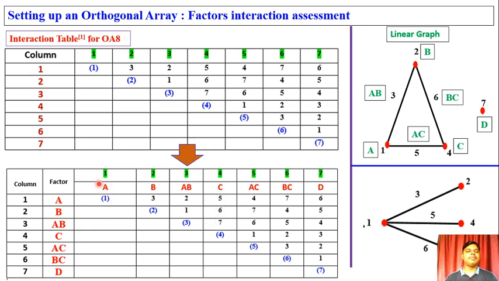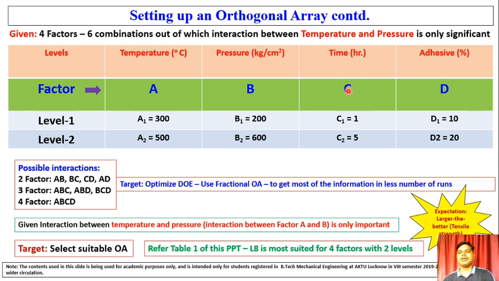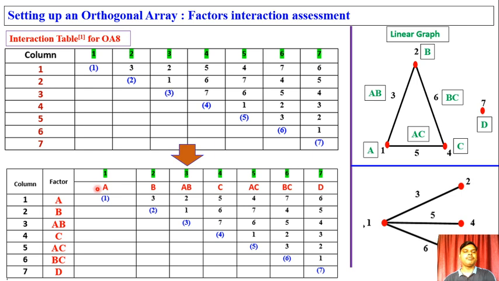So the independent factors are A, B, C and D. These are 4 independent factors. In our case it is temperature, pressure, and C parameter is time, and D is the adhesive percentage. So we can put it here: temperature, pressure, time, adhesive percentage. In our case only the interaction between AB is given, so it is important for us to find out the interaction between AB.